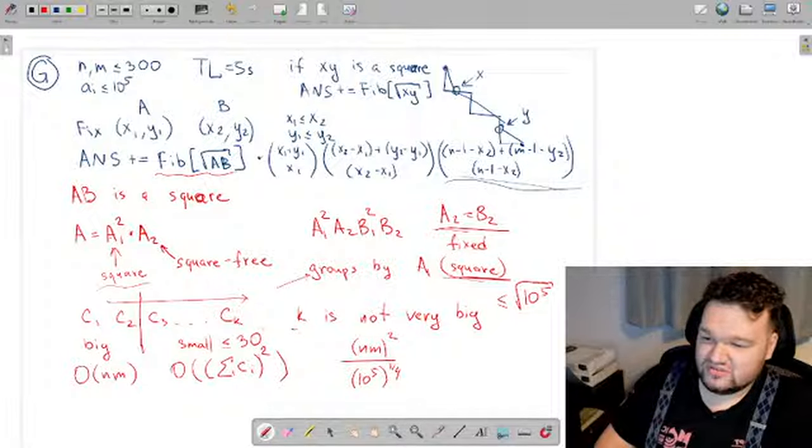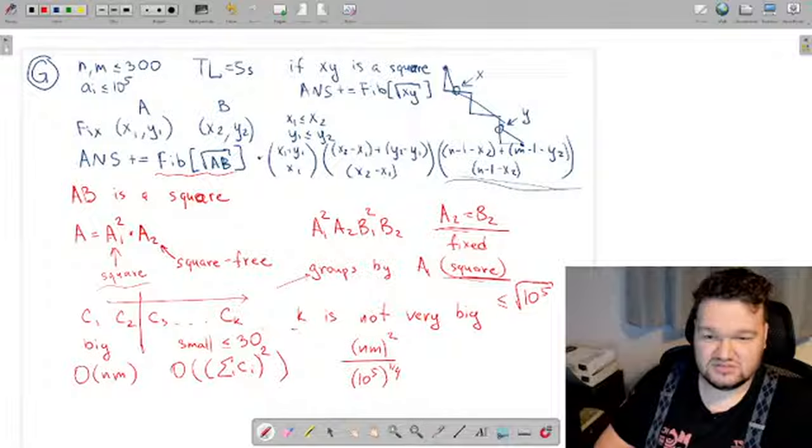Can you make any use of the fact that square AB is at most? Well, yeah, I guess that's what I was doing. Or this square root, well, that's just like I can pre-calculate all the Fibonacci's.